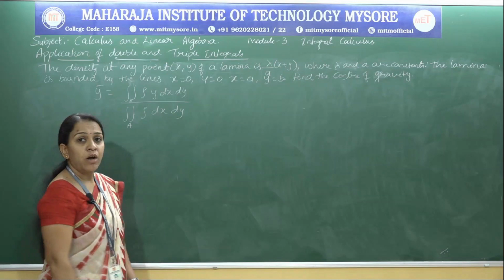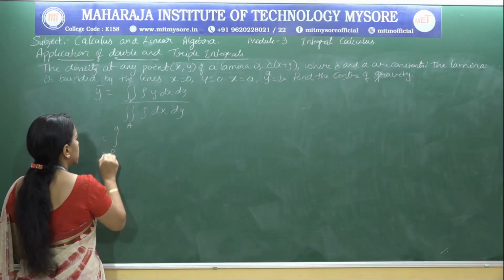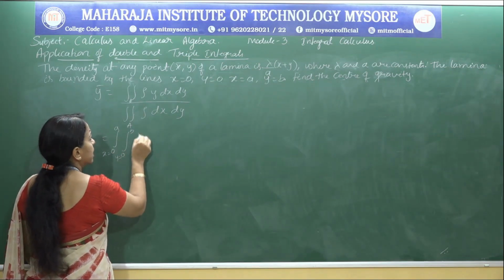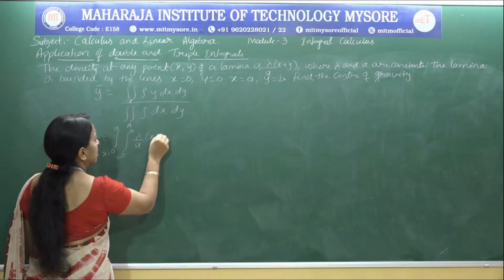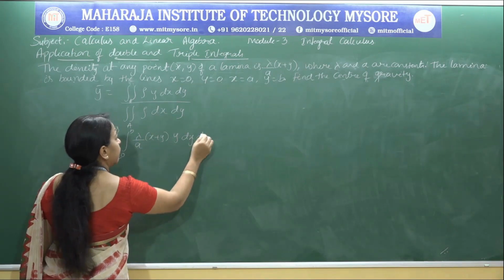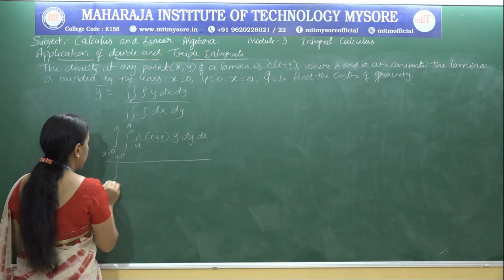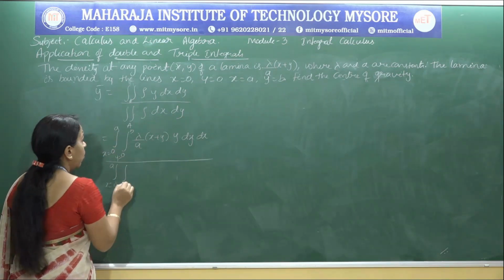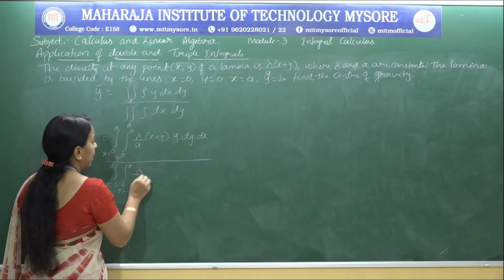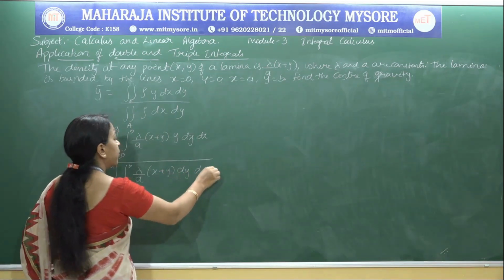Now, replace your rho and also consider the limits of x and y, that is integral 0 to a for the x limit and integral 0 to b for the y limit, and rho is lambda by a into (x plus y), into y dx dy, or I have to write dy first and then dx, right, we know that, whole divided by the integral x varies from 0 to a, y varies from 0 to b, and rho is lambda by a into (x plus y) dy and then dx.